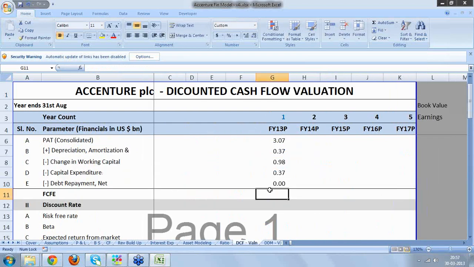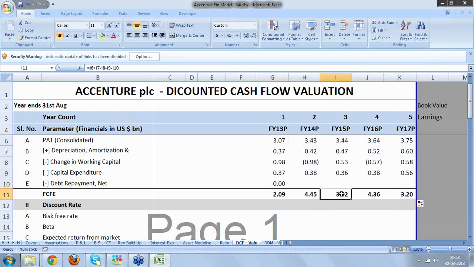So net I have got all the components of my cash flow. So my FCFE should be PAT consolidated plus depreciation minus change in working capital minus capex minus debt repayment. All of them are there. I'll select this entire in a single go, and I'll end up getting the value.